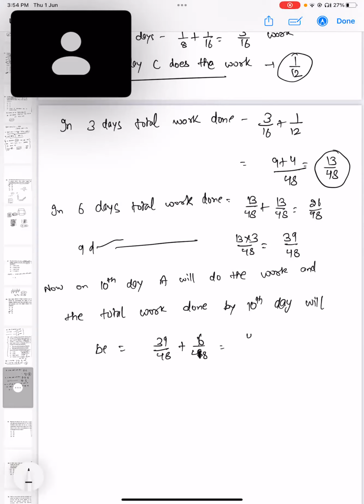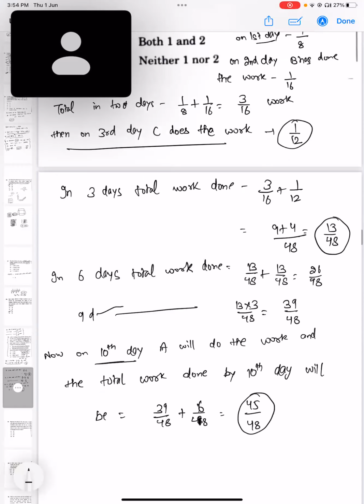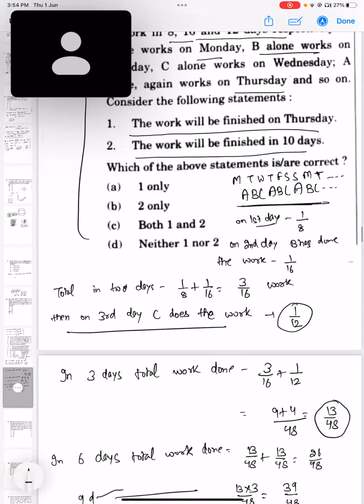So basically 45 upon 48 of the work is done, right? So in 10 days the work is not completely done, so basically option 2 is incorrect. Fine.